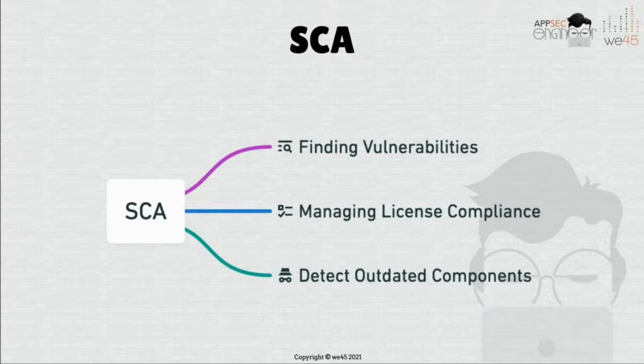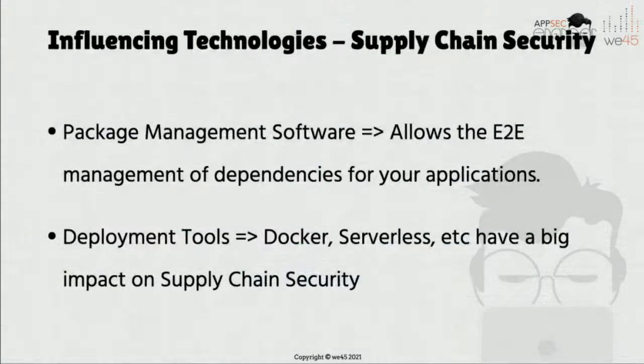CodeDX is a great project, which I would highly recommend that you look into if you want to learn more about SBOM. So you can manage the license compliance. You can also find potentially vulnerable packages or libraries that you're using. And at the same time, you can also detect some of the outdated components.